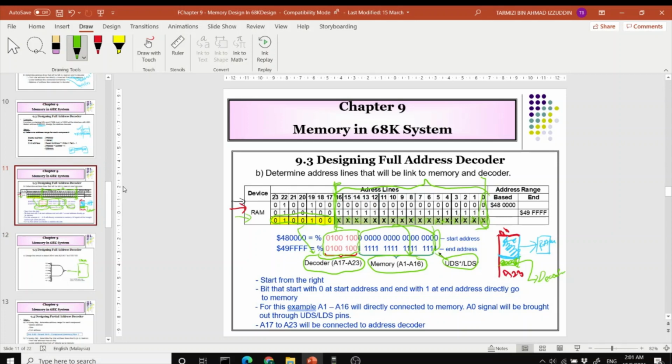First, you need to identify the remaining address bits, the ones you have figured out just now, which are going to be connected to your address decoder.